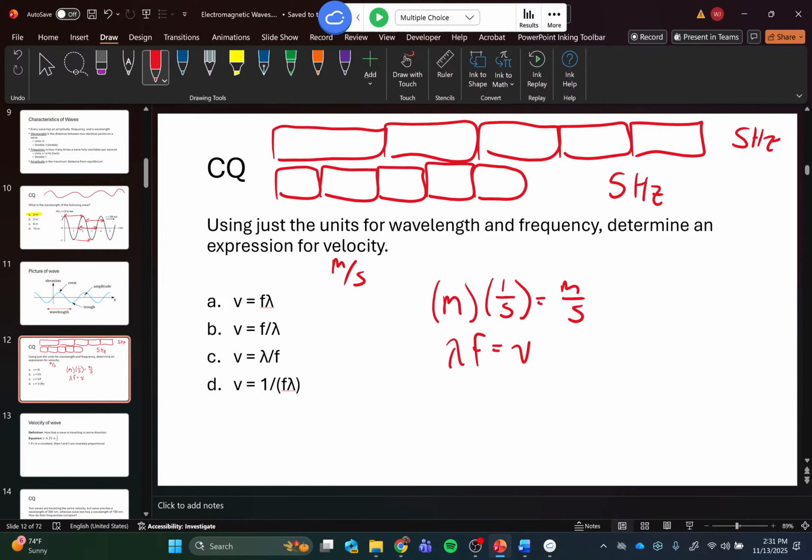Why? Because they're longer. They have to travel faster to travel more distance in the same time. That's kind of the idea here. Both are happening every second. So that's kind of where this velocity comes from. If you have a bigger wavelength, but the same frequency, velocity is going to be bigger.